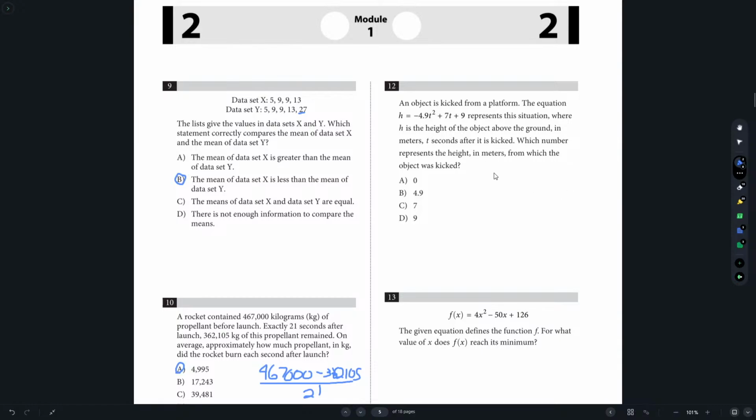We need to find when h is 0, what is negative 4.9t squared plus 7t plus 9. Well, it's kicked from a platform. In this case, it's just 9. So let's go back and go through that.